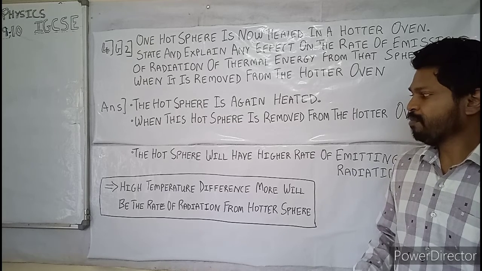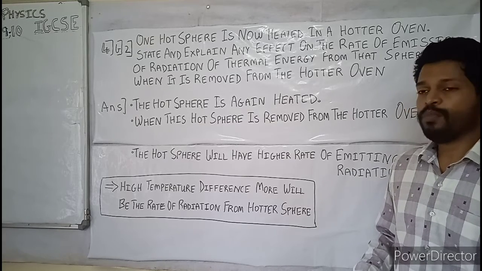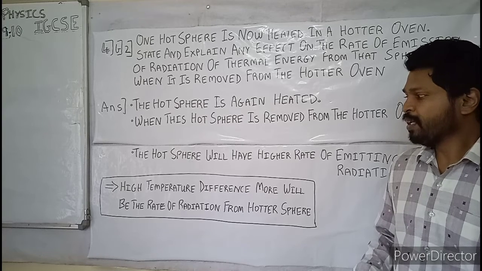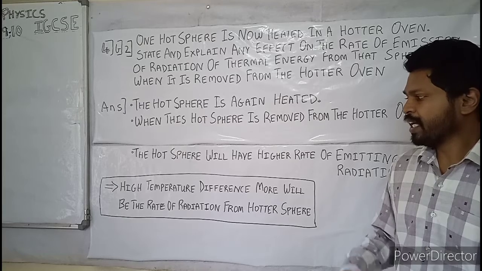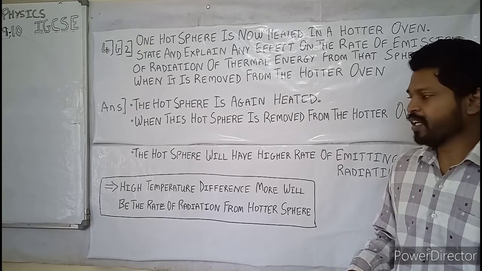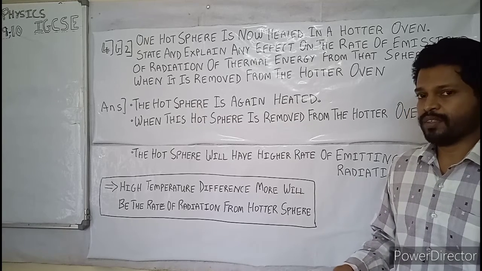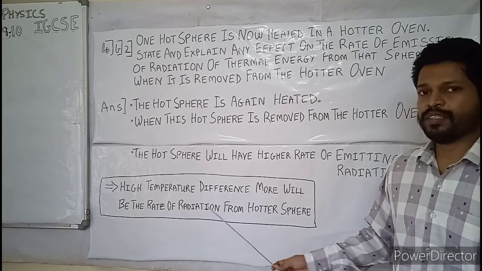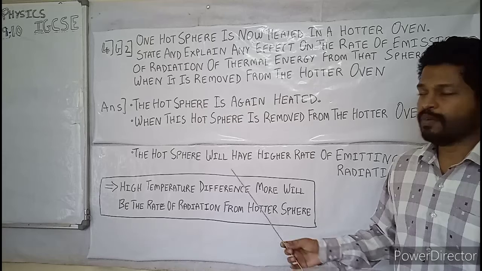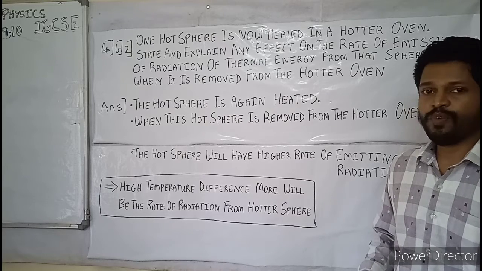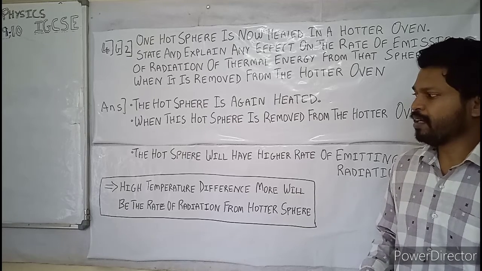The higher the temperature difference, the more will be the rate of radiation from the hotter sphere. The higher the rate of radiation, the hotter is the sphere. Okay, so this is the main reason. So we have solved the fourth question B, the second part.